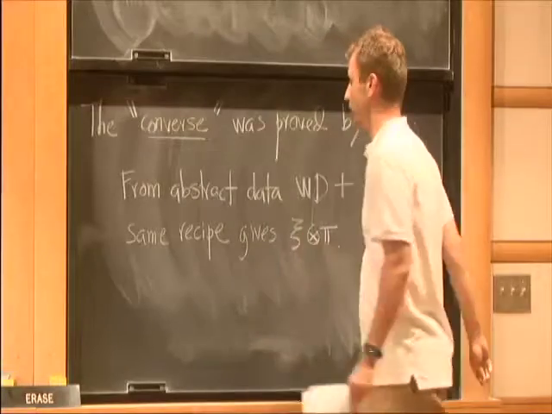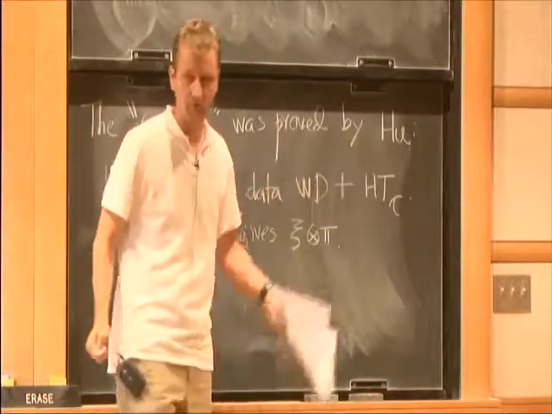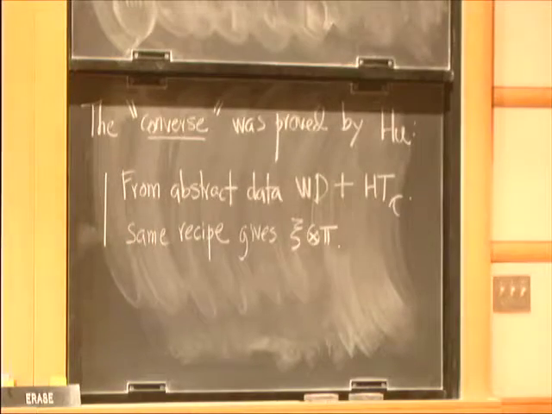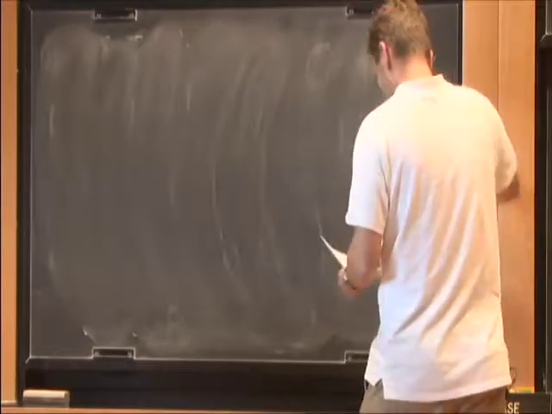And you can ask, when does this data come from something that's potentially semi-stable? And well, the conjecture is that that happens precisely when this guy has an invariant norm. And in that sense, who proved the converse? In fact, he proved a lot more.